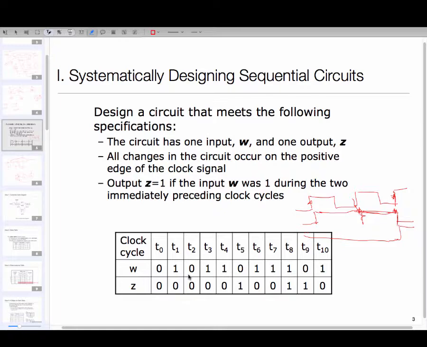So if this problem were modified to say output is equal to 1 if the input was 1 during the current clock cycle and the one before that, then in this example, if I had asked you that the output would have been 1 here, then you know it has to be Mealy. There is no other way I can implement this.